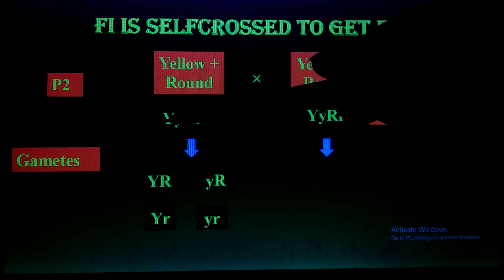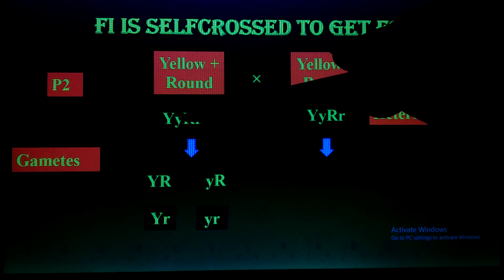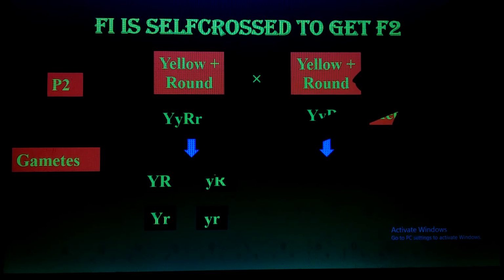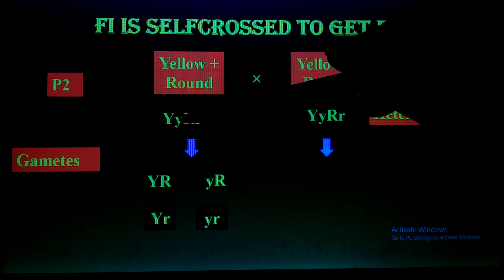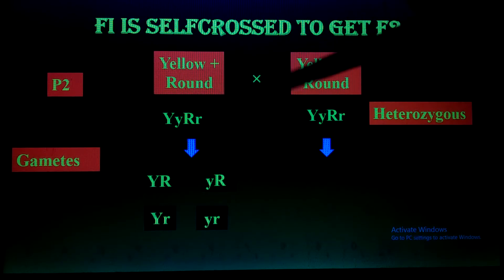Capital Y, small r, second gamete. Is it clear? Small y, capital R, third one. Small y, small r, fourth. So 4 types of gametes will be produced from this heterozygous second parental generation.